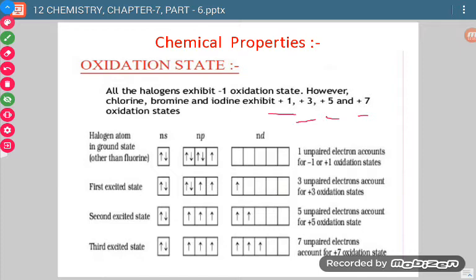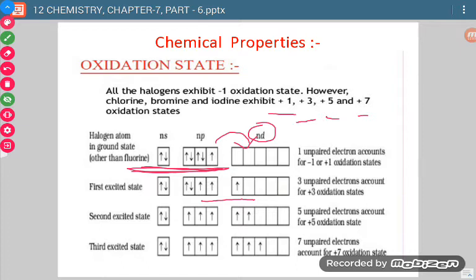But except fluorine, for all other elements there is a vacant d orbital. So electrons can jump to higher orbitals. Whenever this happens, the number of unpaired electrons increases. In the ground state there is only one unpaired electron, so the oxidation state may be -1 or +1.